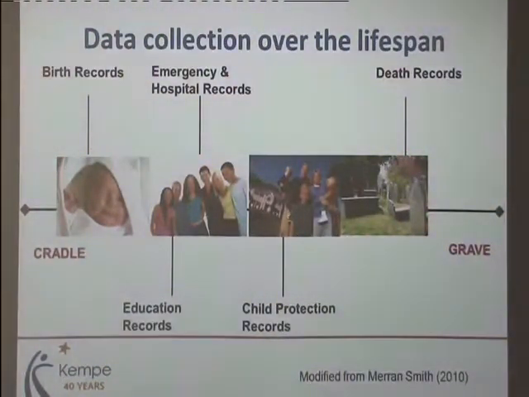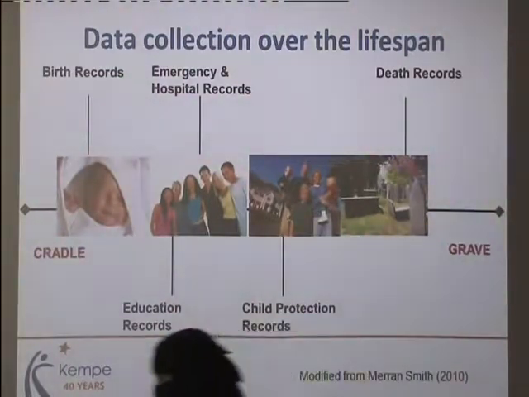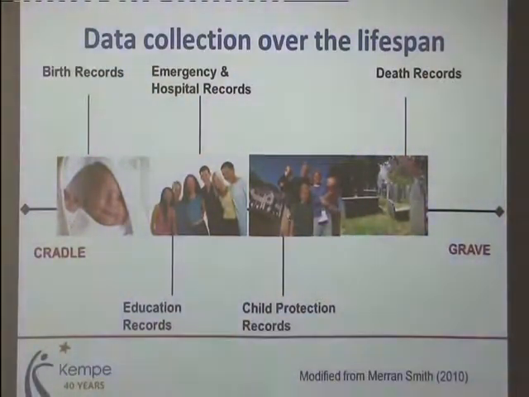And their objective is to maintain information, as it says here, from cradle to grave. So that's their basic approach to trying to maintain information within the state of Western Australia. And you can see that they're integrating birth records, emergency and hospital records, education records, child protection records, death records, just to mention a few.